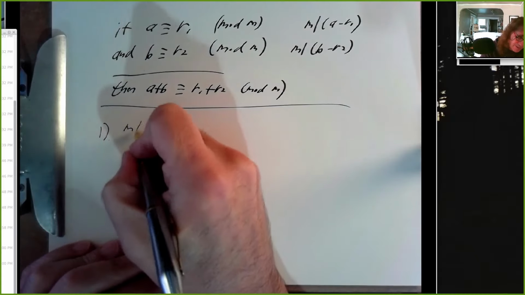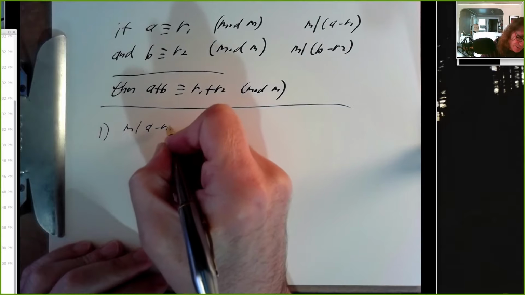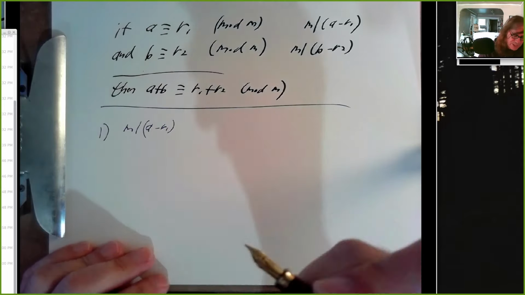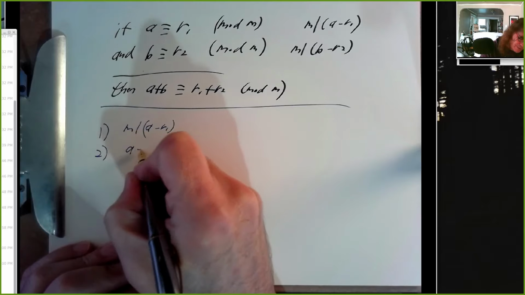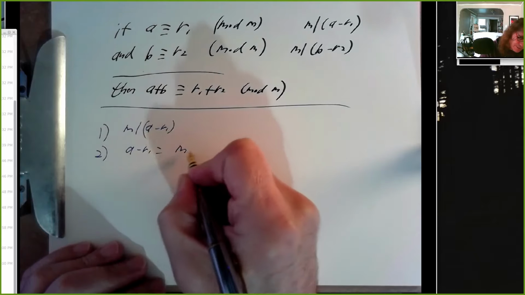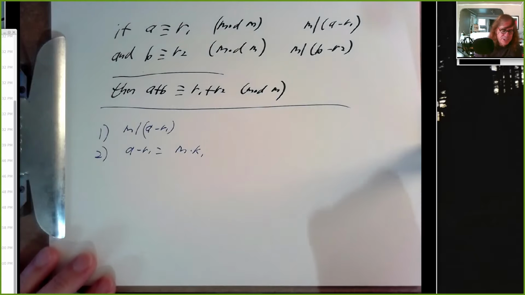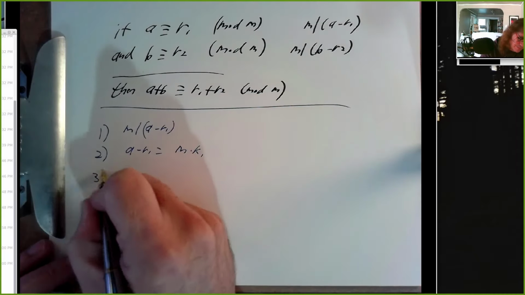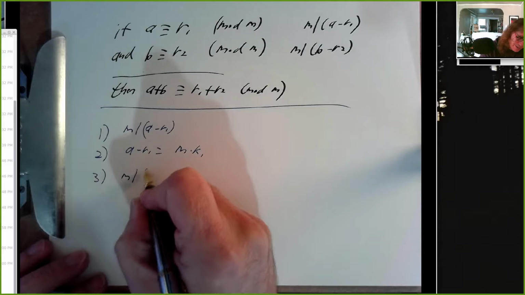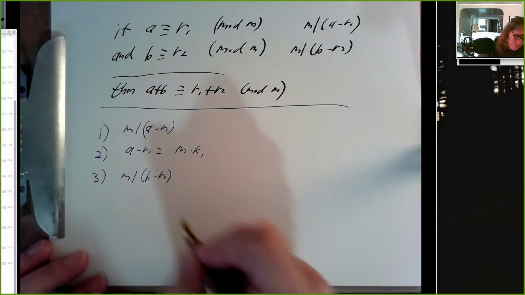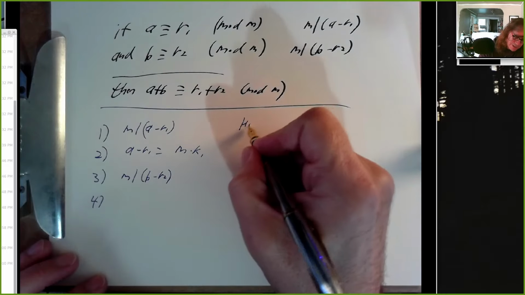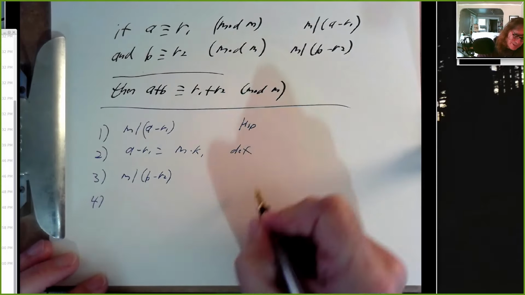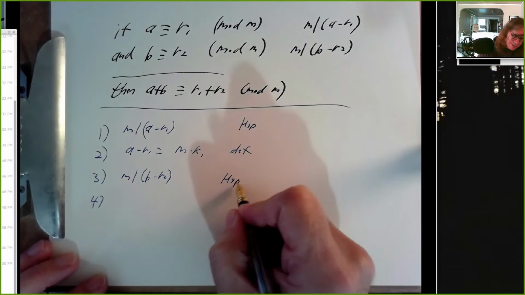So m divides A minus R1. That's a hypothesis, which means A minus R1 equals m times some integer k1. We have m divides B minus R2. That's a hypothesis.